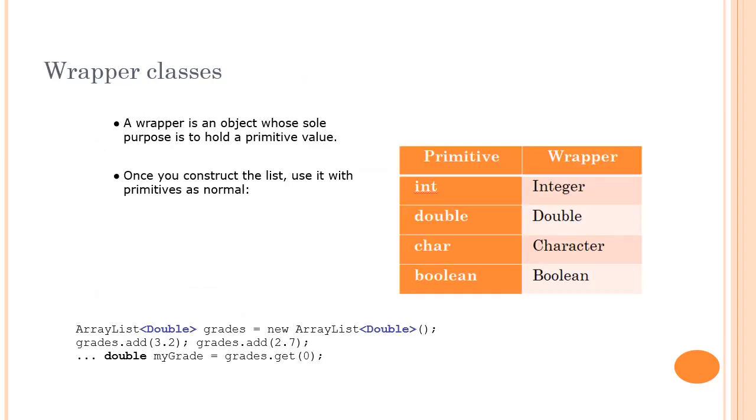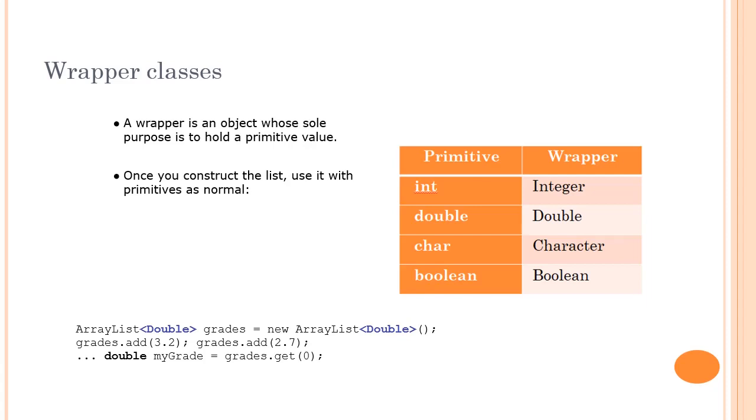You see in this table the different wrapper classes that are predefined for the primitive types. For int, for instance, the wrapper will be Integer. For double, you have a class called Double with an uppercase. For char, it will be Character, and for boolean, it will be Boolean starting with an uppercase.